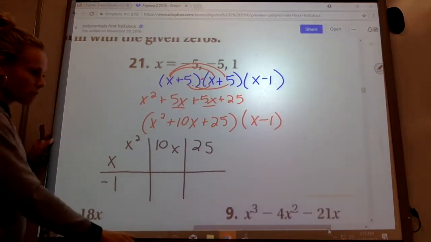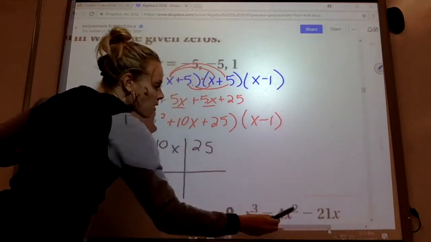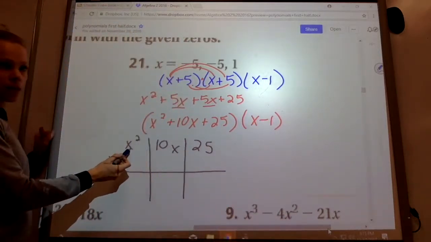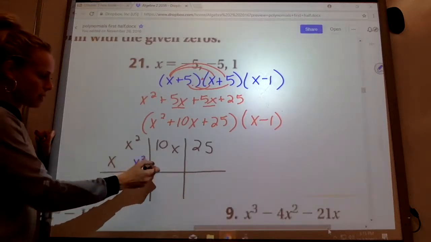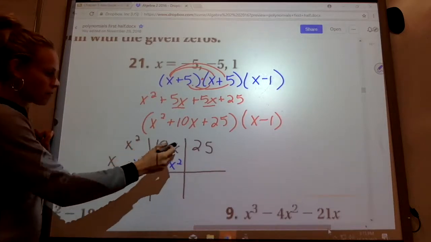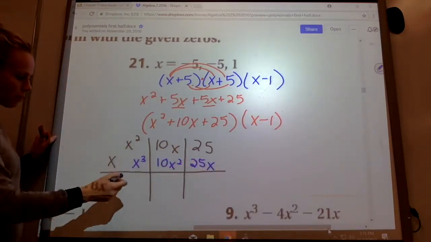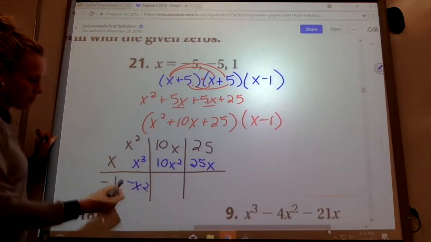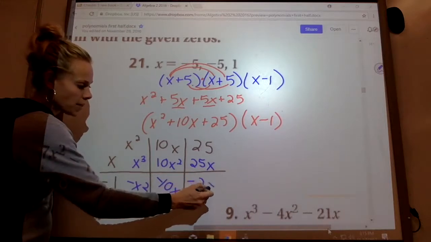And then I just multiply the corresponding column with its row. So x times x squared is x cubed. x times 10x is 10x squared. x times 25, and then negative 1 with everything. So negative x squared, negative 10x, negative 25.